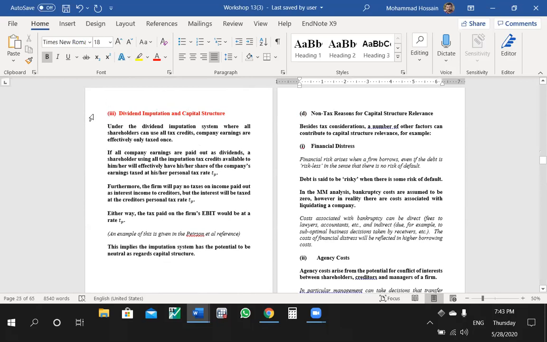Here also, dividend imputation and capital structure. Under the dividend imputation system, where all shareholders can use all tax credits from the company, like I showed you in last class with franking dividends. A franking dividend means what proportion of tax has been paid by the corporation before it distributes the dividend to shareholders. When shareholders receive that dividend, they check how much has been paid and what the rest is that they need to pay.